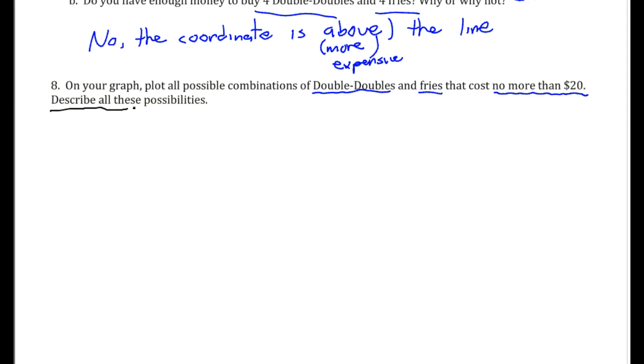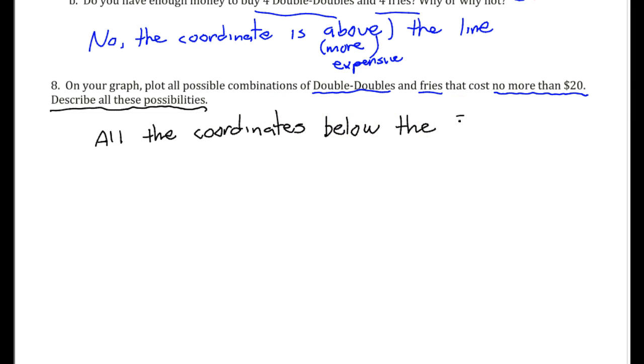And how would you describe all these? Something to that effect.